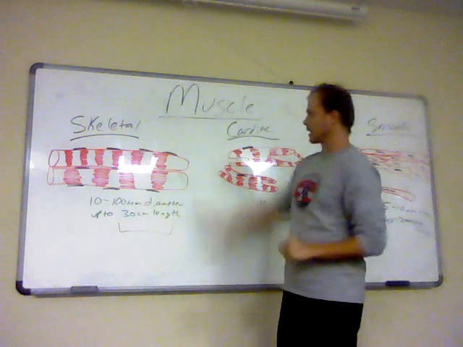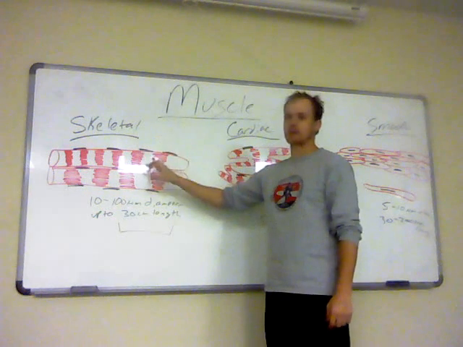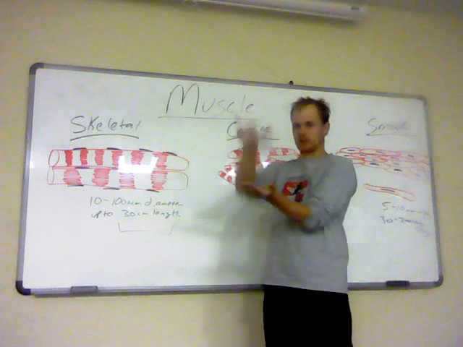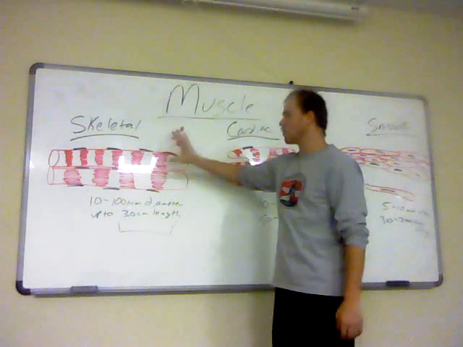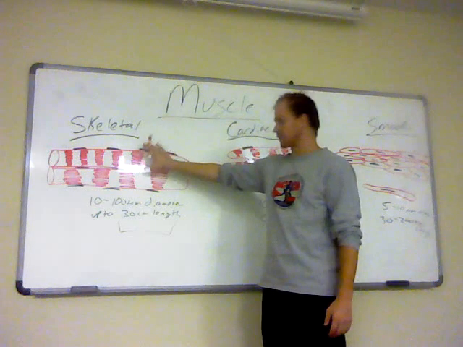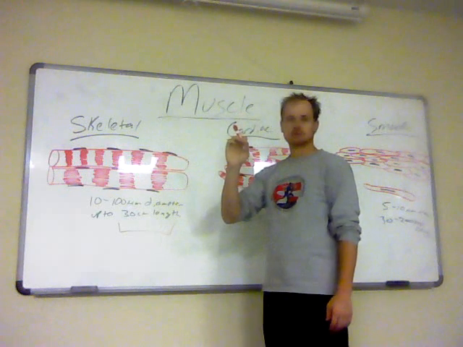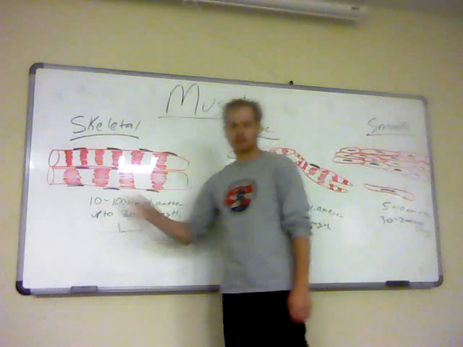So let's say a skeletal muscle cell is 10 micrometers in diameter. If you pile them on top of each other like blocks, how many skeletal muscle cell diameters could you fit into the width of that dime? You could fit 100 in there, because 10 times 100 is 1,000.